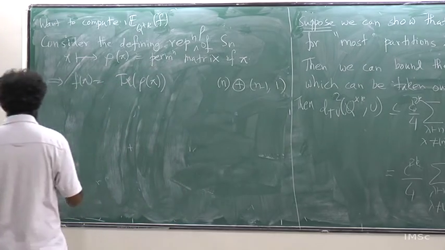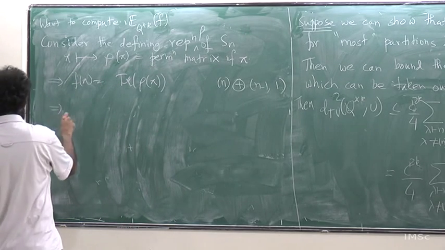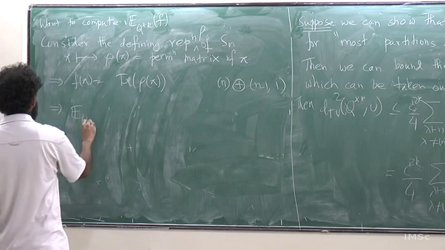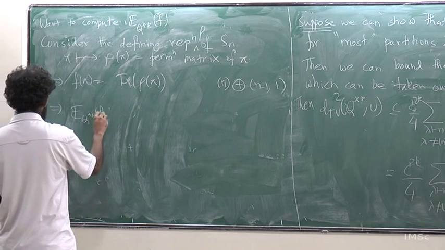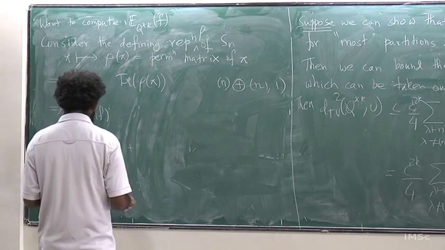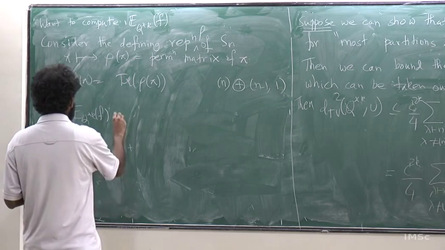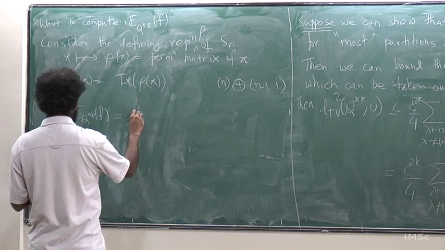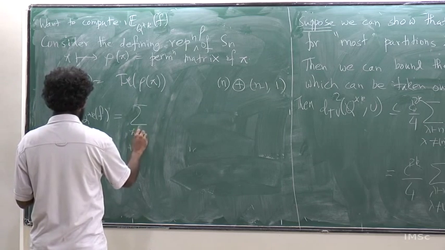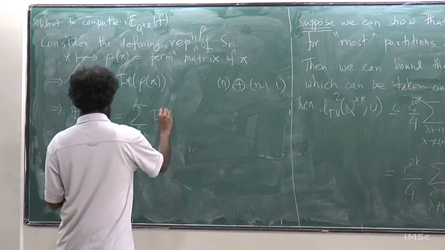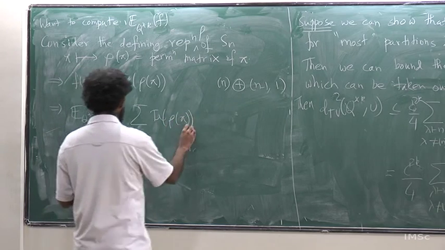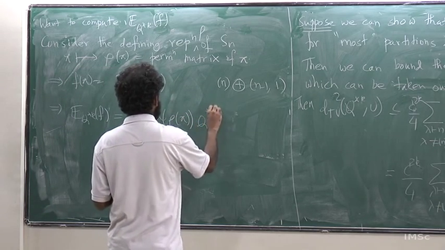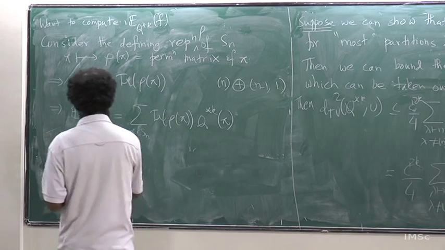So the expectation under q star k of f is the sum over pi in Sn of trace of rho of pi times q star k of pi.